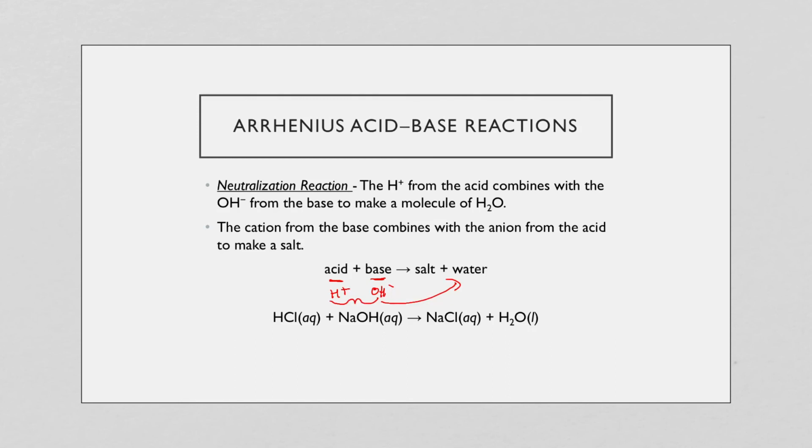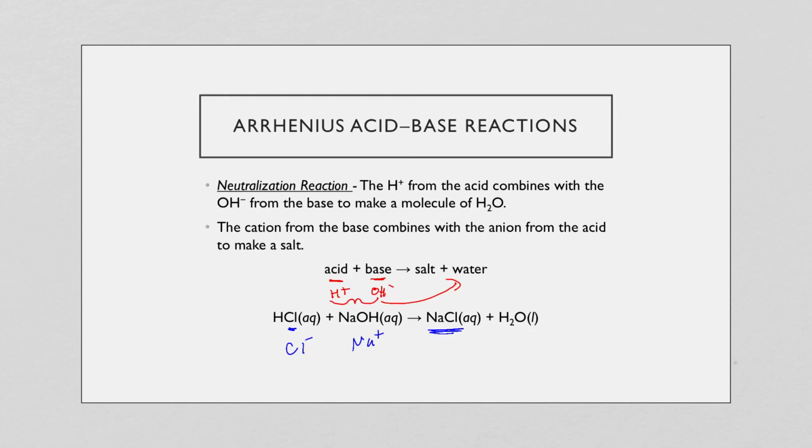Now, of course, we can't just have the ions combining, because we also have negative ions from the acid and positive ions from the base floating around in there. So we have the chloride ion in this example, and we have the sodium ion from the hydroxide, and those two ions are going to be shown as combined into what's referred to as the salt, or an ionic compound.